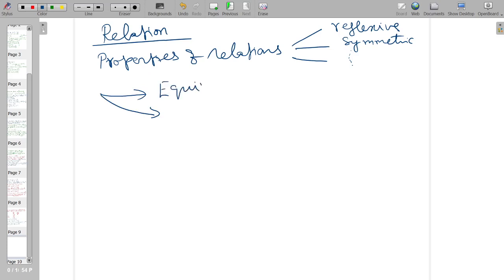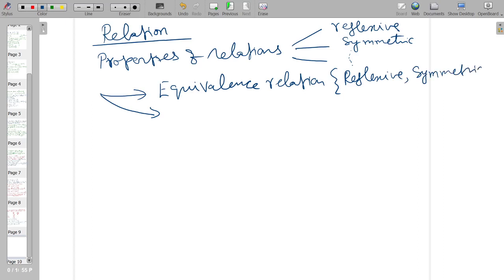One is called the equivalence relation. What is this equivalence relation? If it is reflexive, symmetric and transitive, when these three properties are satisfied by a relation, then you call it an equivalence relation.